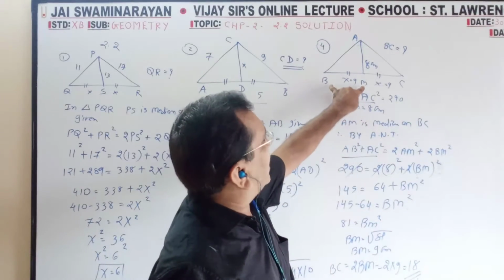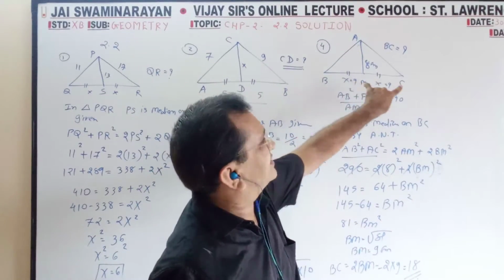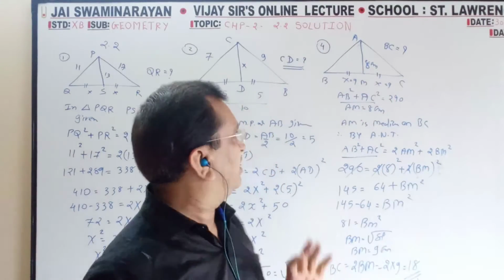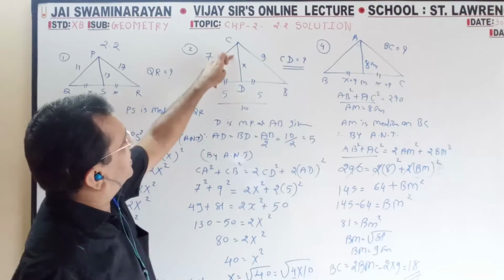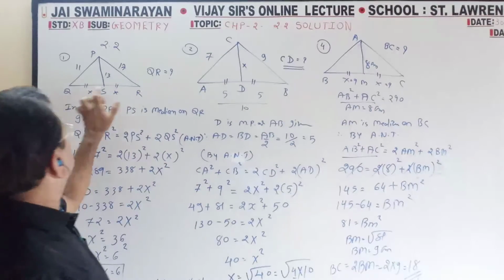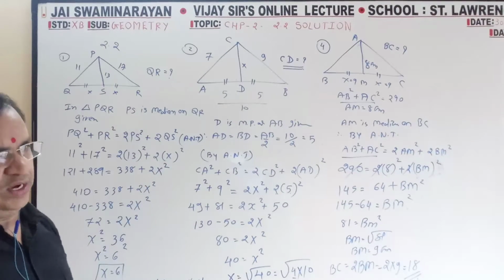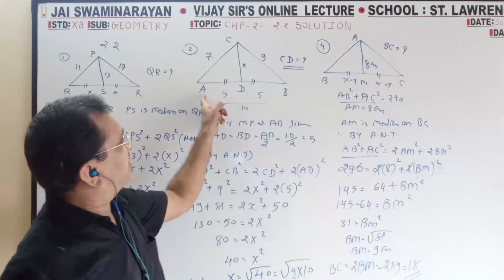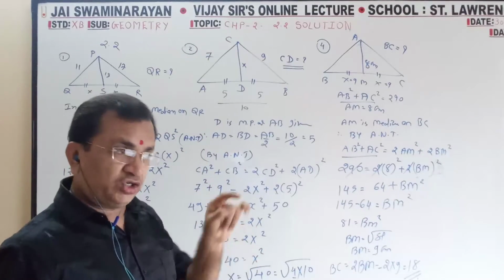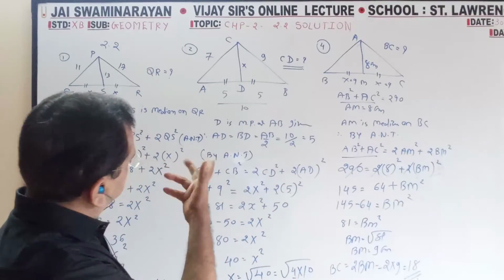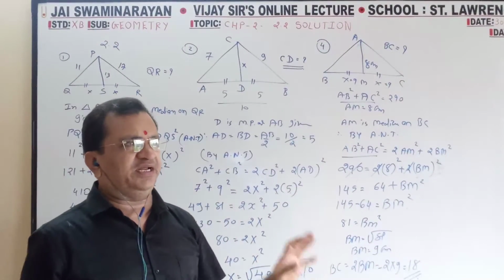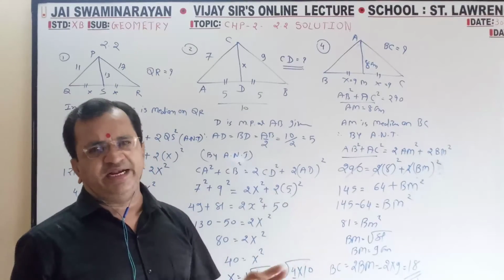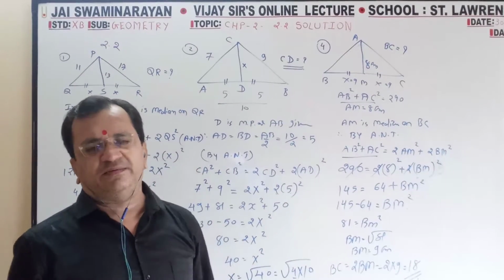They have not asked BM, they have asked BC. So make it double. At that time you have to be very careful. Here directly the median they have asked. Here also they have asked QR. In this they have given AB, not your requirement. So C is a midpoint. If it is a midpoint, it divides the side into 2 equal parts.